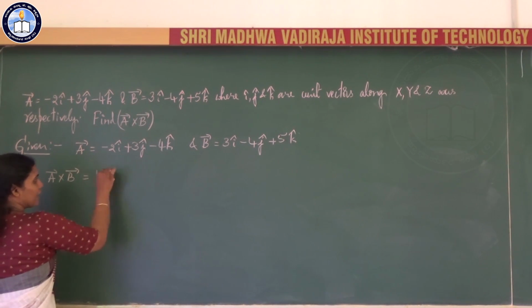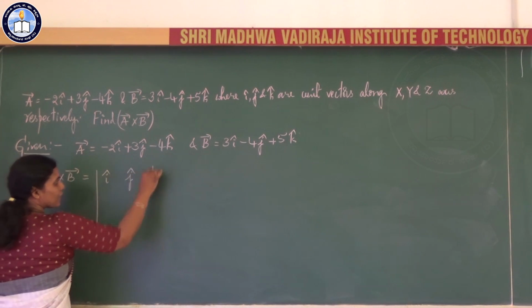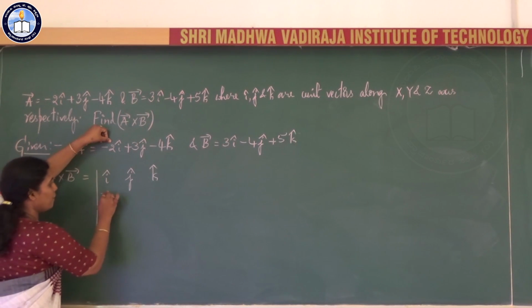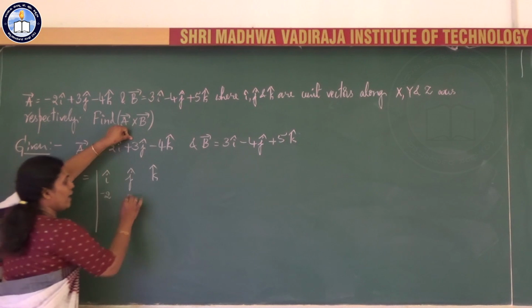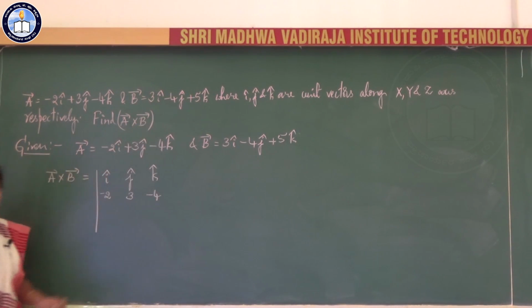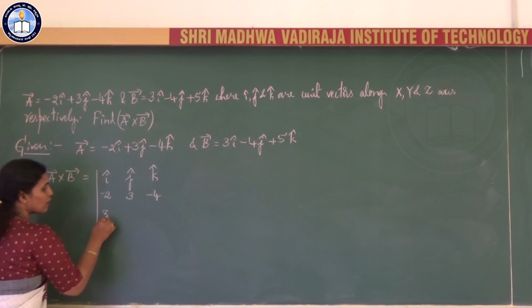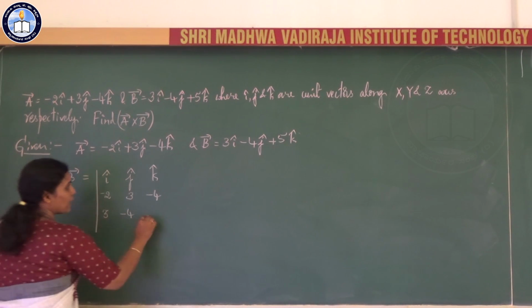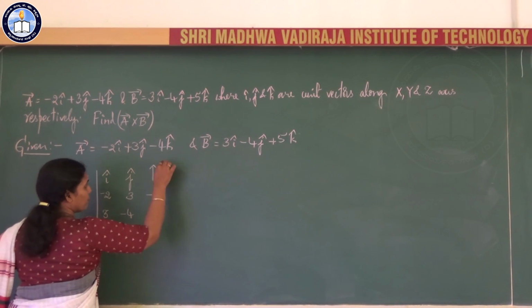So, i cap, j cap, k cap. A vector: AX is minus 2, AY is plus 3, AZ is minus 4. Similarly, for B vector, Bx is 3, By minus 4, Bz plus 5.